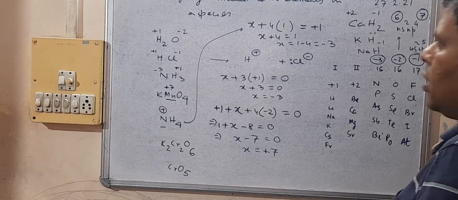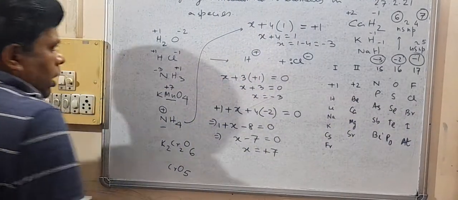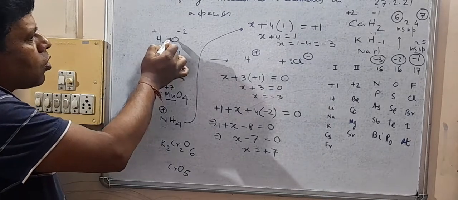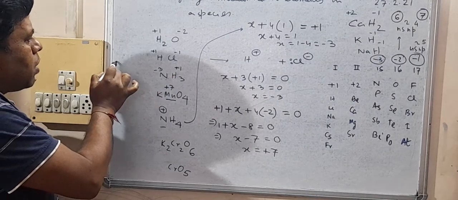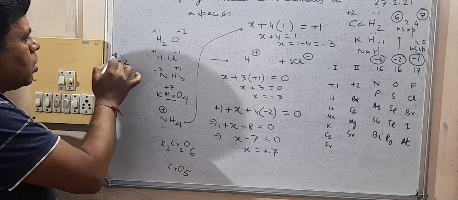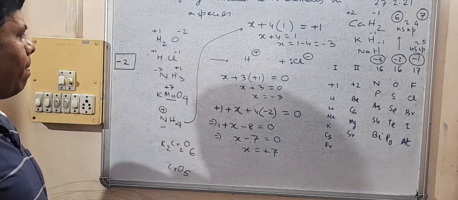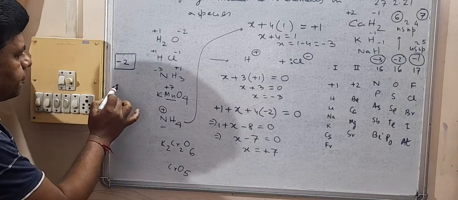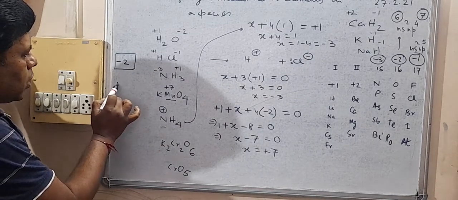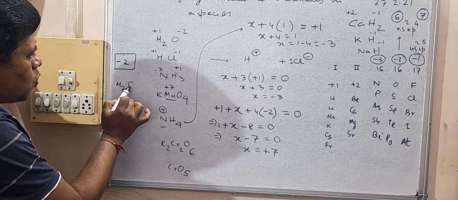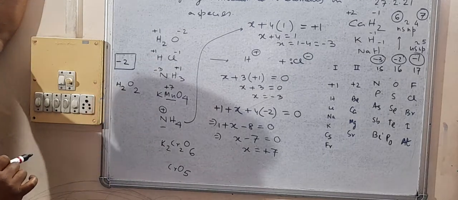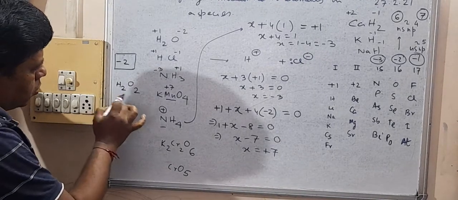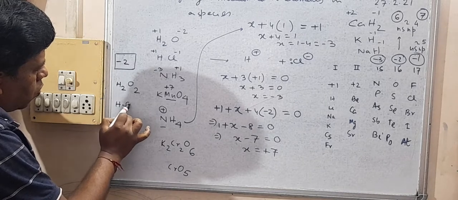Now let me tell you regarding the oxidation number of oxygen. Oxidation number is minus 2. This is most common. But suppose a compound, say H2O2. H2O2 is hydrogen peroxide, and its structure is HOOH.